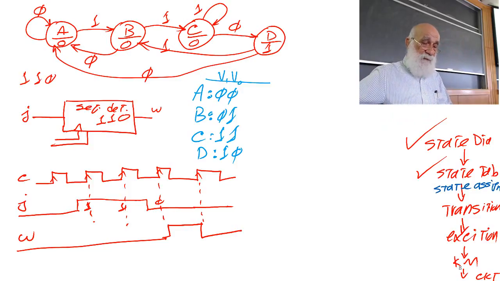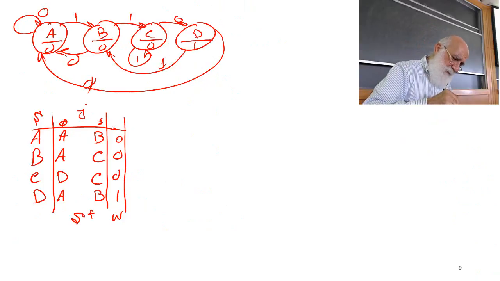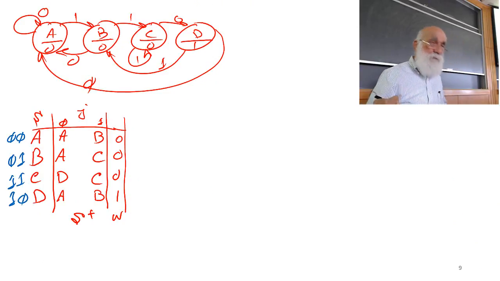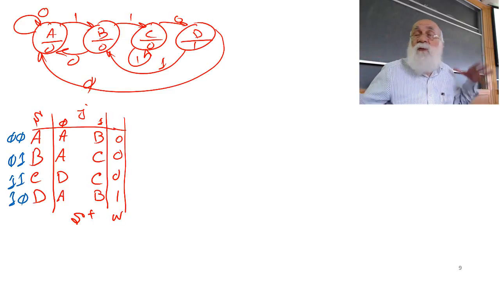Okay. State assignment means giving a bit pattern to A, B, C, and D. As long as they are unique, you are okay. You could give 1, 1 to A and 1, 0 to B, that's up to you.